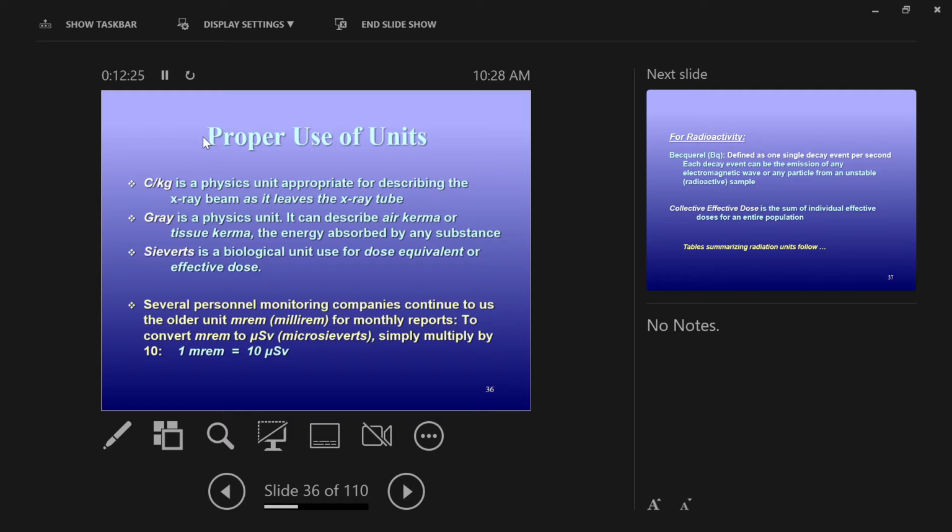If you took a radiation detection device, stuck it in the path of the primary beam leaving the X-ray tube, you could measure the energy in the primary beam. You could, in principle, use that unit to know what the entrance skin exposure is, but we instead like the unit, the gray, for that. So the coulomb per kilogram is great for measuring the energy in the primary beam.